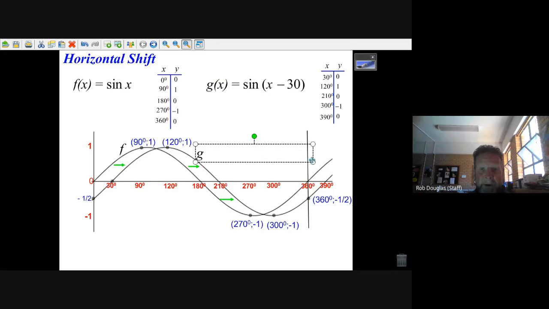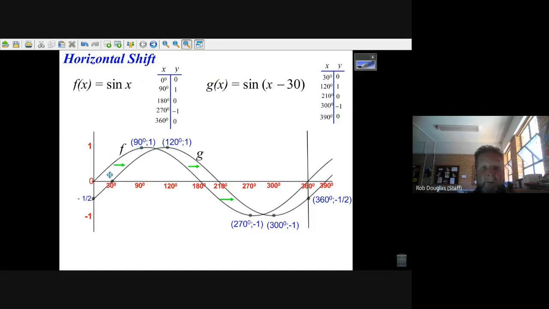I'm labeling it g. When you see minus 30 degrees here, what it does is it takes every angle and shifts it 30 degrees to the right, the opposite direction that you think. Well, if you think about it, it sort of makes sense. 0 and 0 is an important part. It's where sine waves start from. But if in this x minus 30, I put 30 in there, I'd get 0.